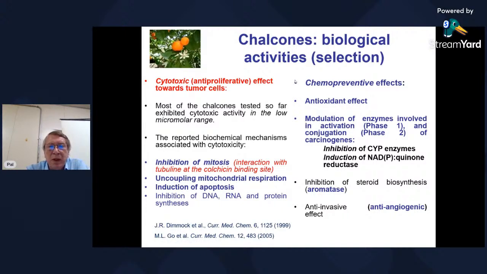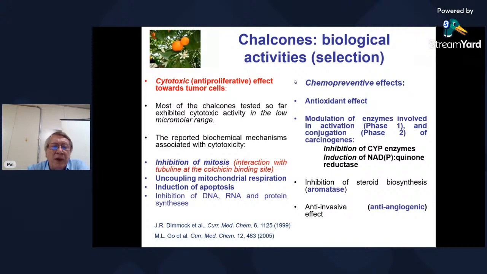When we are talking about the anti-cancer effects of chalcones, we can distinguish the cytotoxic or anti-proliferative effect of the compounds and the chemopreventive effects of the compounds. In the present lecture, only the cytotoxic effects of the chalcones will be discussed, okay?